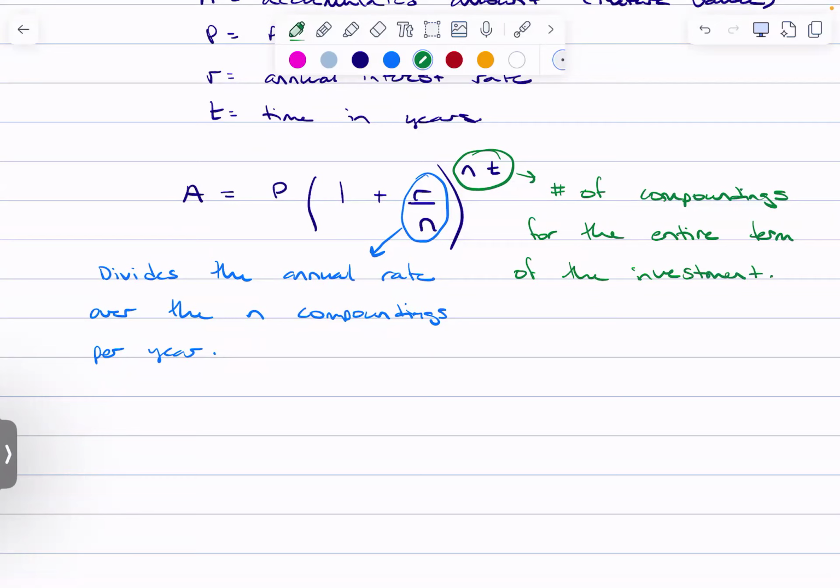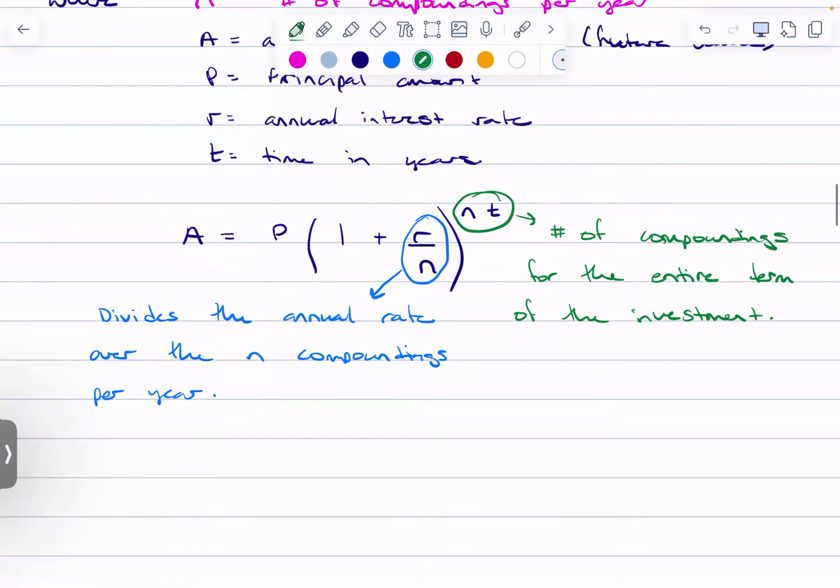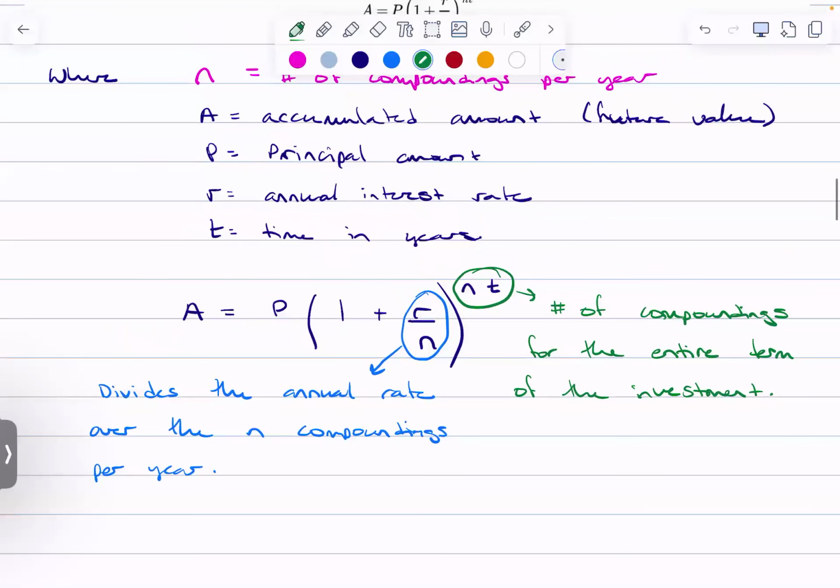Or loan, I guess, but it's more fun to think about investments. And like I said, she does have a nice explanation of how this formula comes about, but I think we can just kind of accept it as fact.